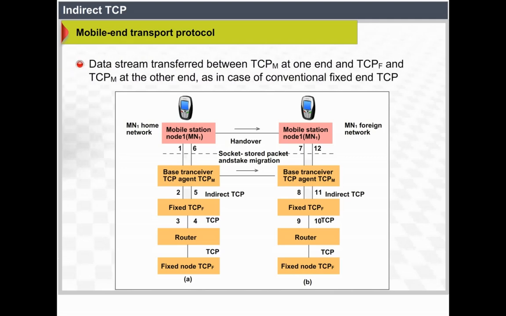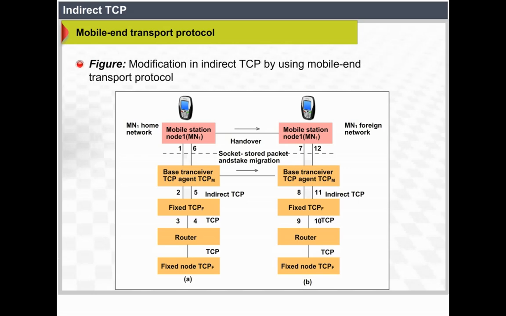The data stream is transferred between TCP-M at one end and TCP-F and TCP-M at the other end, as in the case of conventional fixed-end TCP. Figure: modification in indirect TCP by using Mobile End Transport Protocol.